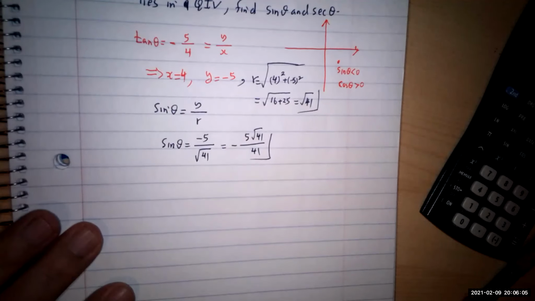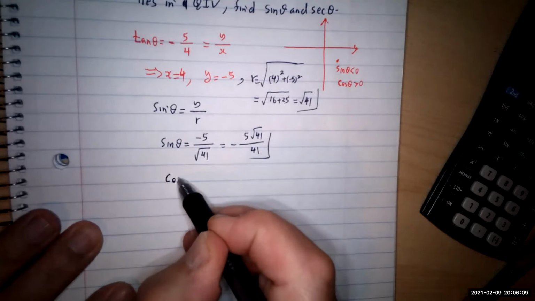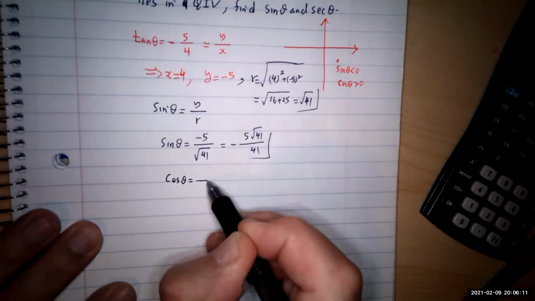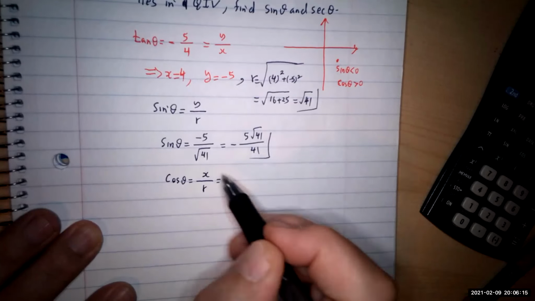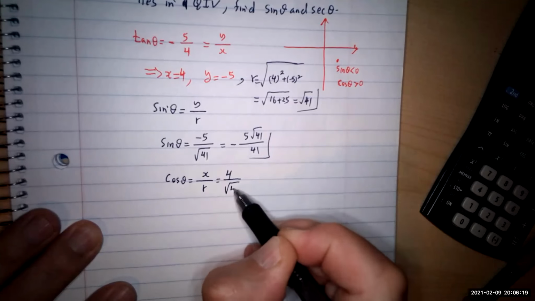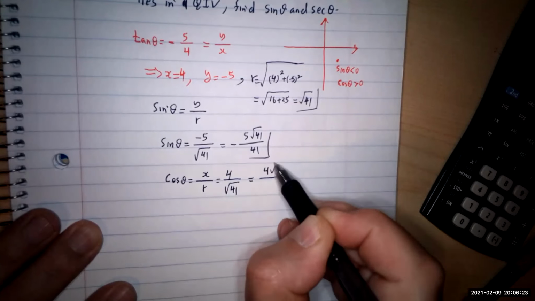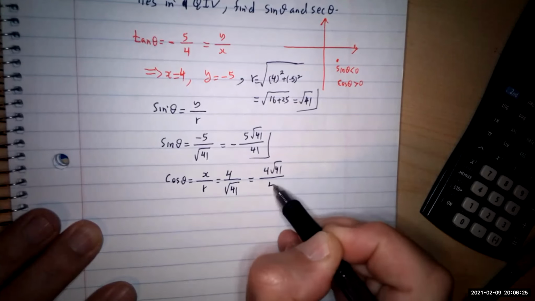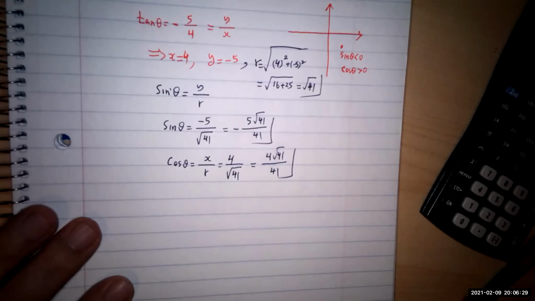Fine. We need a cosine because they asked for the secant. Cosine is going to be x over r. The x is 4 over the radical 41, so it's going to be 4 square root of 41 over 41. This is the cosine.